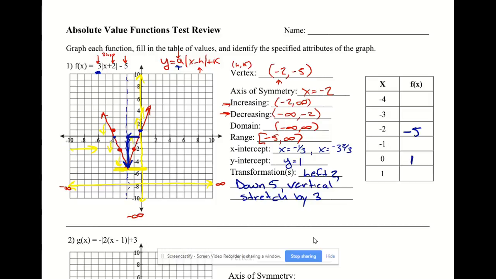We can use our slope, over 1, up 3. So over 1 from negative 2 to negative 1, up 3 puts us at negative 2. Another 3 puts us at 1, like we already know. Another 3 puts us at 4. And because we have our axis of symmetry, it's just a simple matter to copy those values in the same order on the other side. So that's problem 1. If you want to hit pause now, we'll move on to the next one.